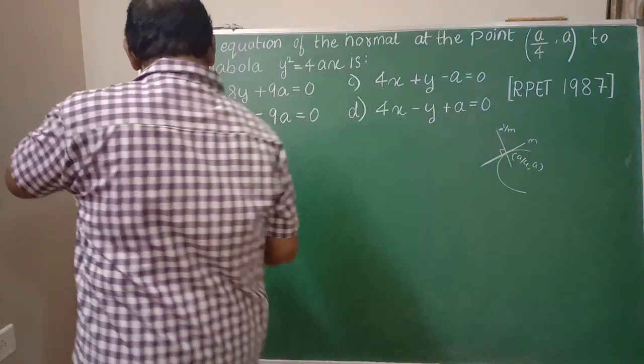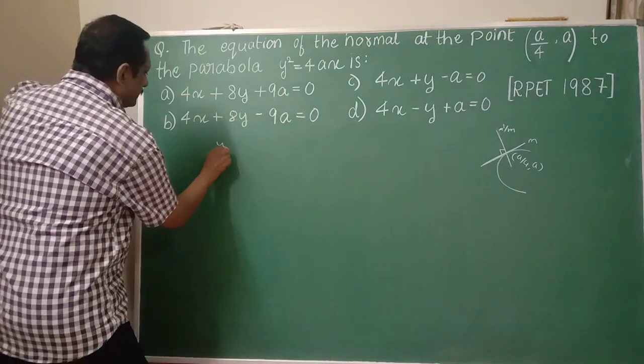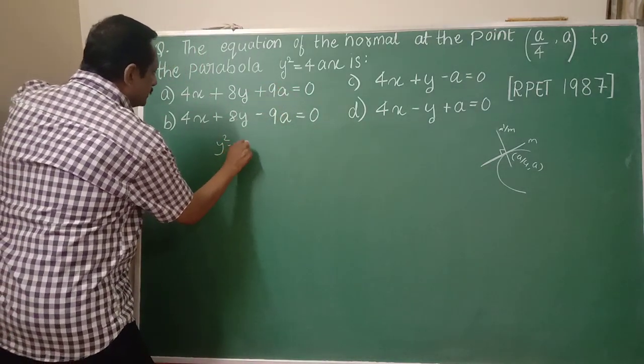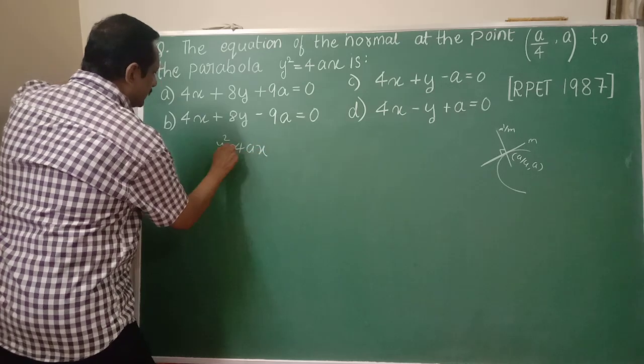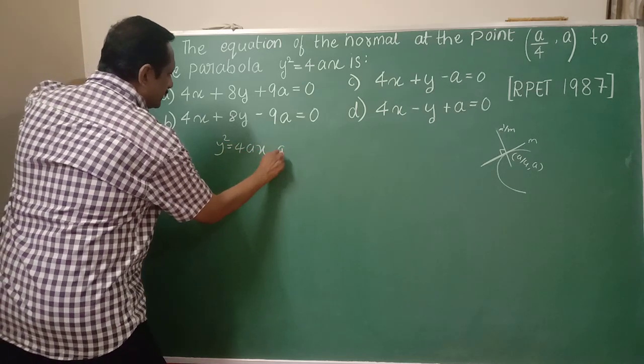Let us differentiate y square is equal to 4ax. Take this as equation number 1.